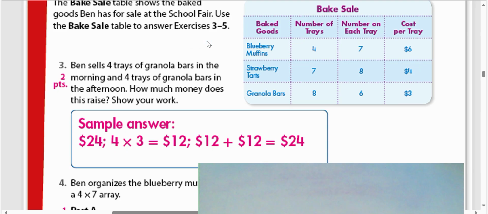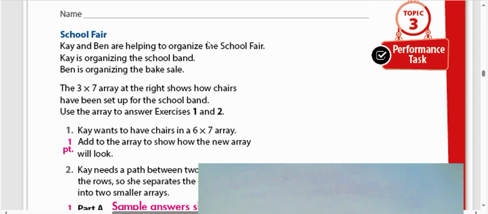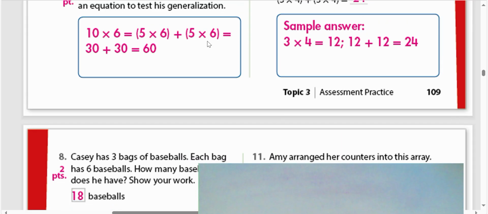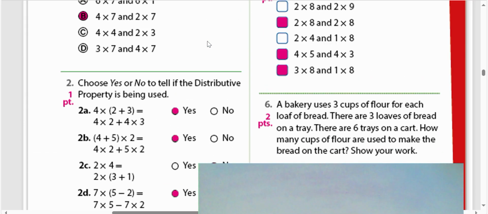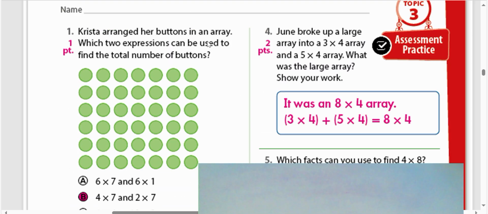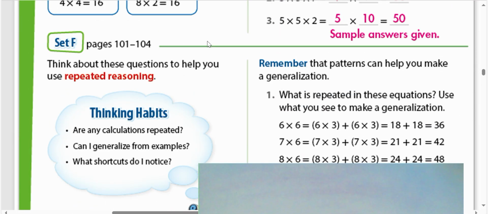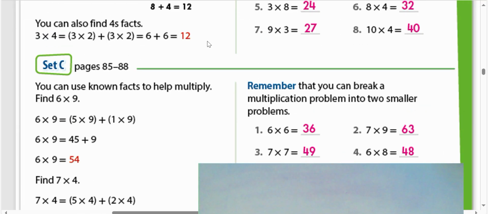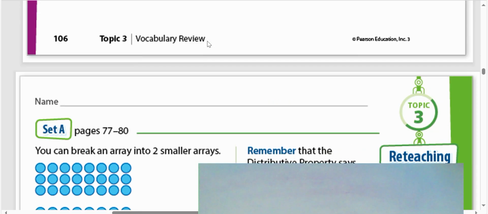Exercise number 5, week 3. Exercise 5.3.